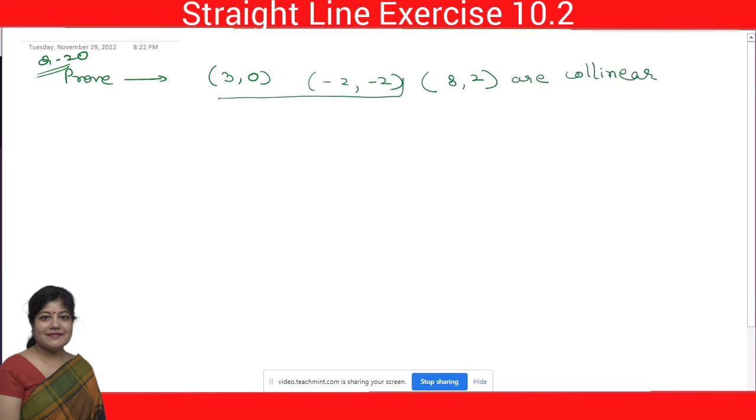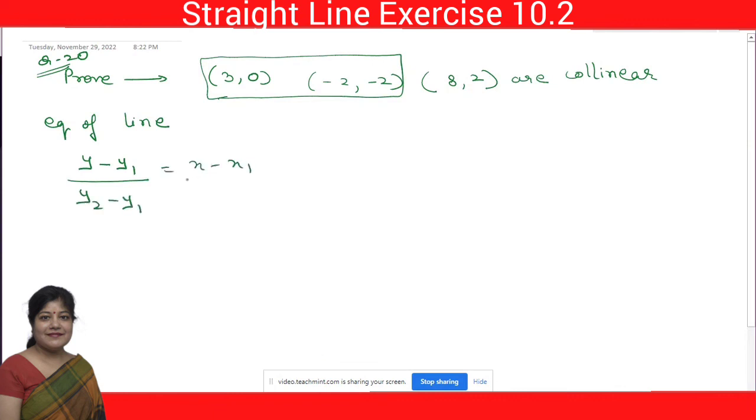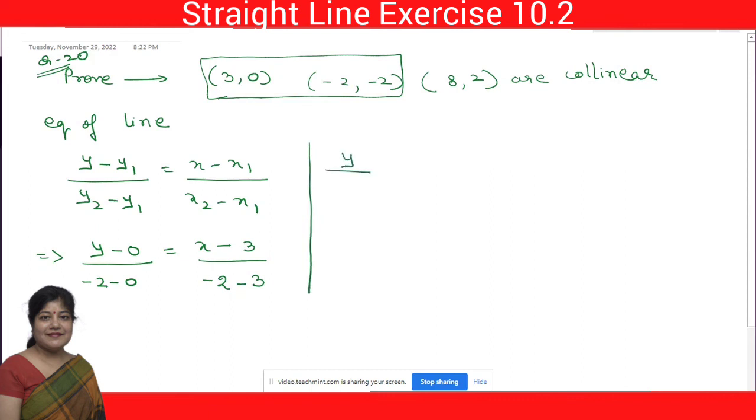Take these 2 points and find the equation of the line. Yes, ma'am, I'm doing it. Did you get the equation?